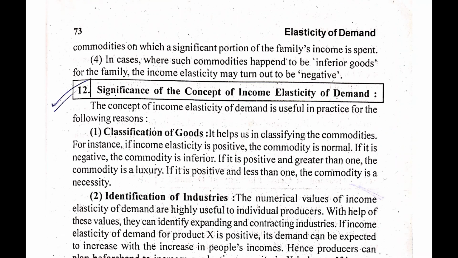So guys, if I earn 10,000, and among this 10,000, I spend 5,000 on a particular product, then this product is quite elastic for me, because as my income increases, I will spend more on this product.